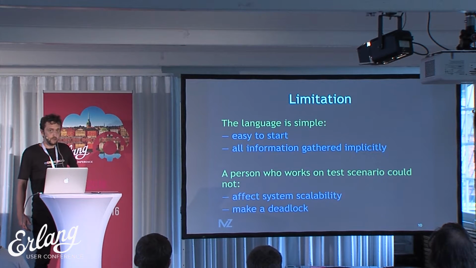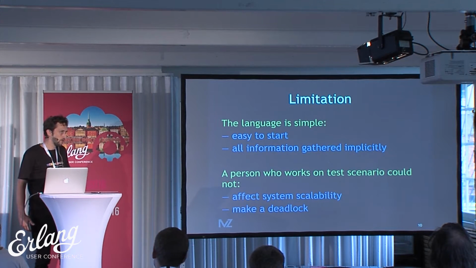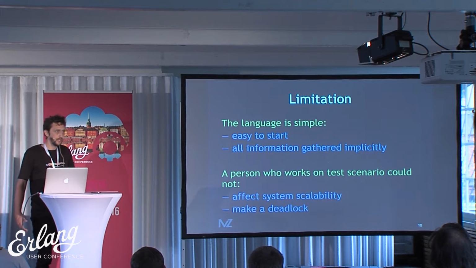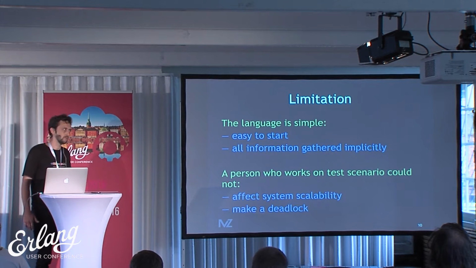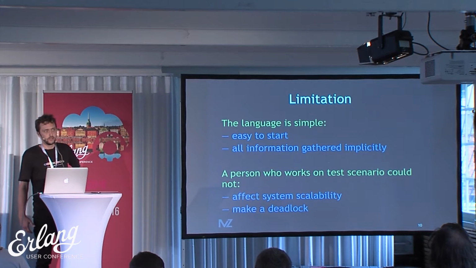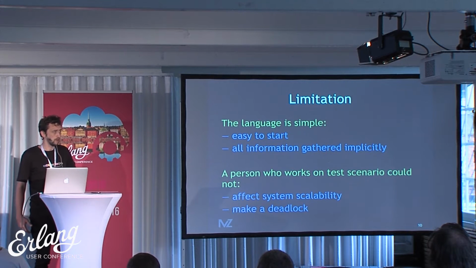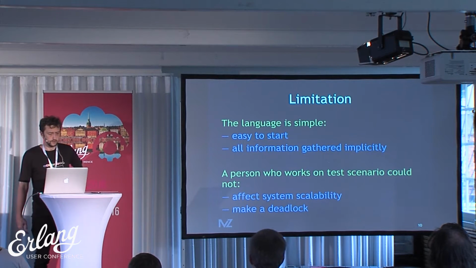And you don't need to specify all this information gathering, which we do during the benchmark. You don't need to specify that you need to gather CPU load information and so on, and that you need to summarize all counters and so on.